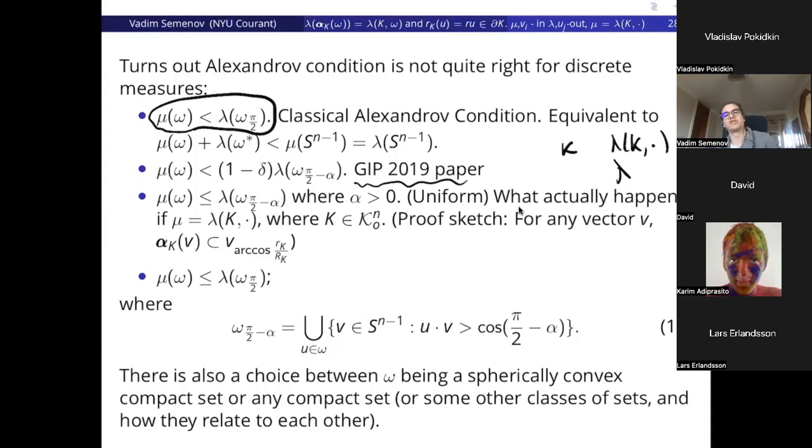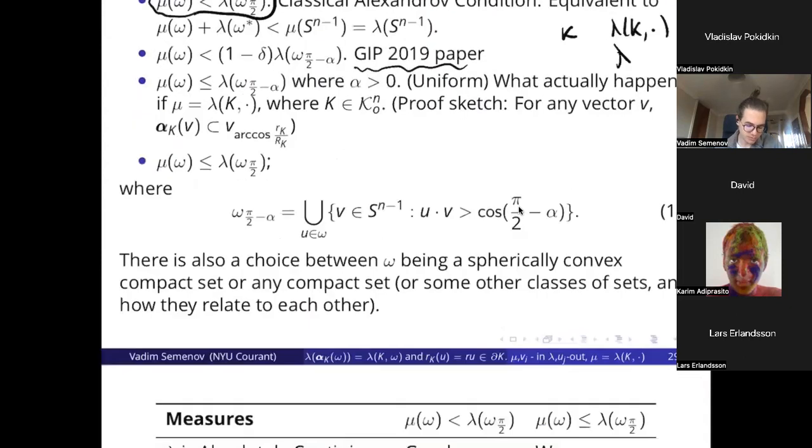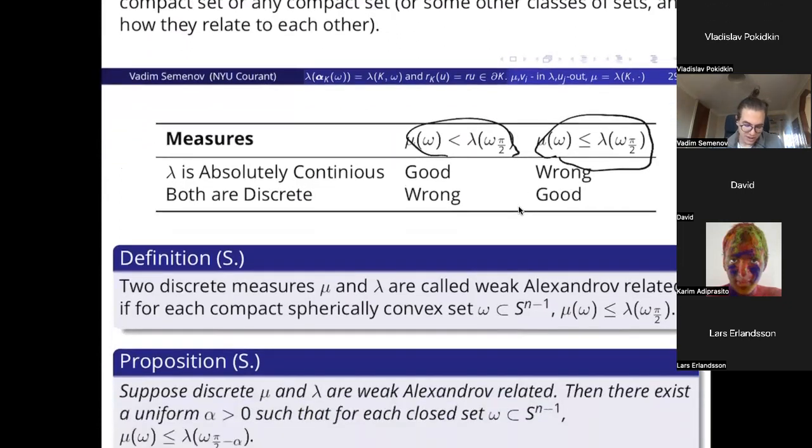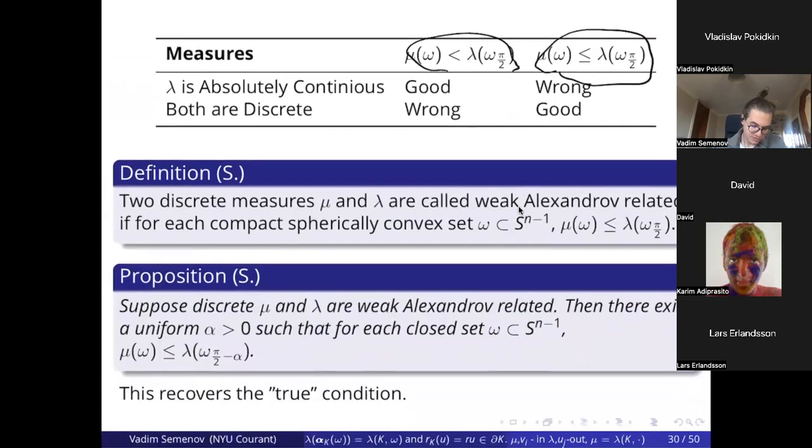So there's a bunch of conditions to choose from, and basically the story is that for the discrete setting, you need to relax to less than or equal. And if you relax it to less than or equal, you can recover this alpha here, which will correspond to the inner and outer radius approximation.